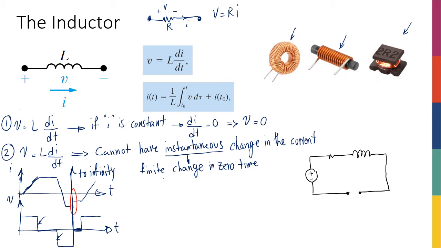Initially the switch is closed, so it's connected. R, L, and the source are in series, and there's an I flowing here. And let's say I have this voltage. You have a current right now. What is this current? Well, it basically depends on the value of V, R, and L, right? But you do have a current.